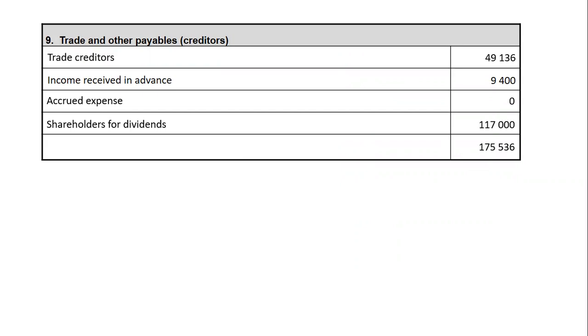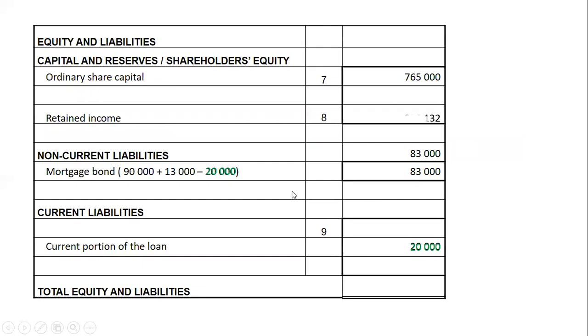I also included my trade creditors because nothing was said about trade creditors. So the balance that we're given in the trial balance was simply a closing value. It gives us our total trade and other payables as 175,536. Actually, I was supposed to have done that after reading the last transaction, but since I've done it already, I'll transfer it to my current liabilities as trade and other payables.